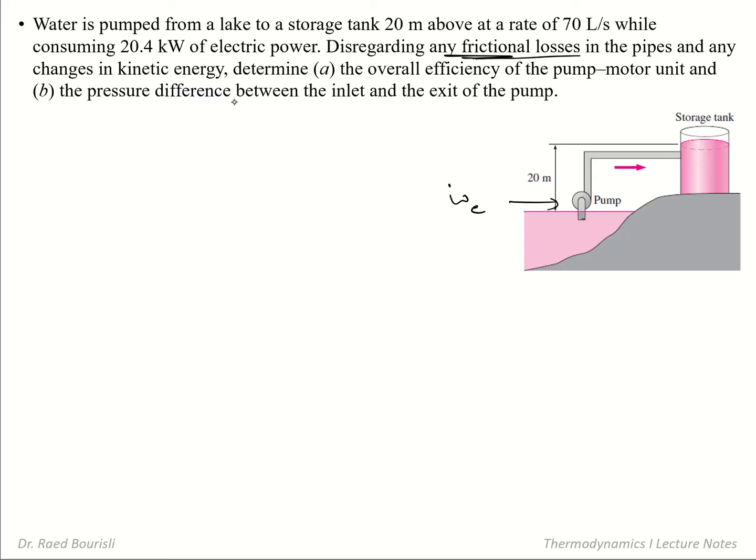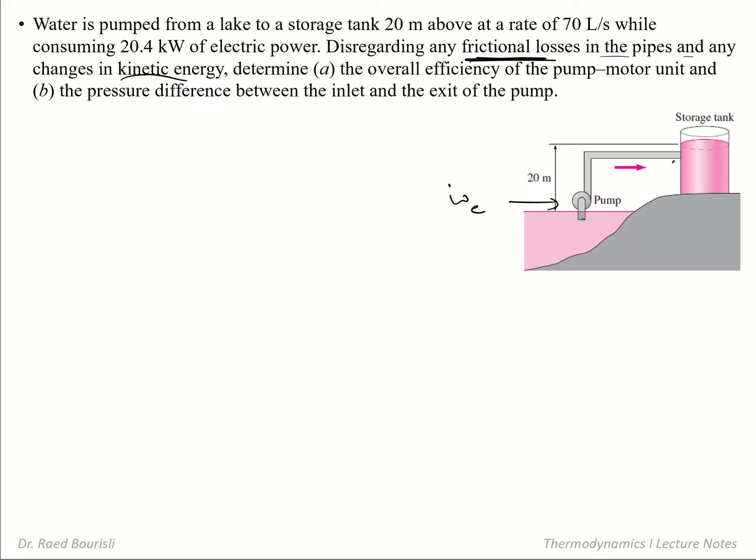Friction and losses disregarded in the pipes, and any change in kinetic energy. So it puts it out at a low velocity, so no kinetic energy change and no friction, so no internal energy changes. Some of the pumping power would otherwise go to the internal energy.